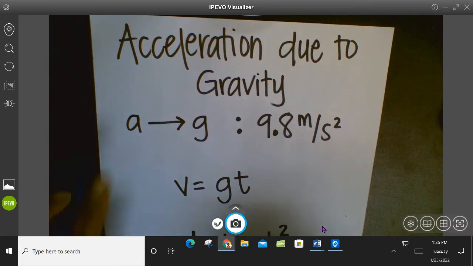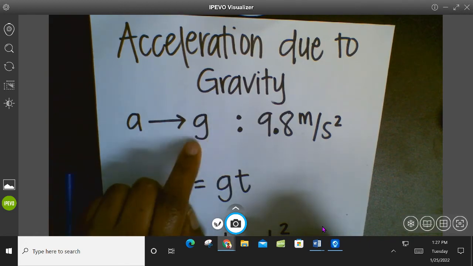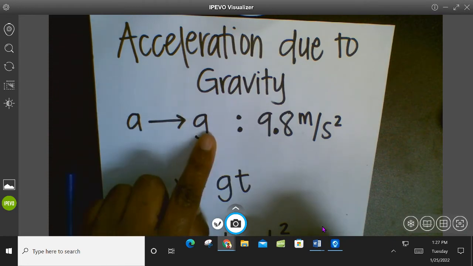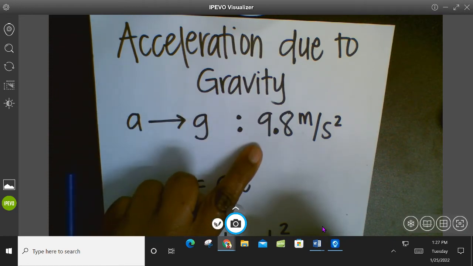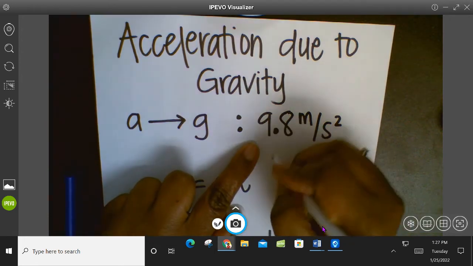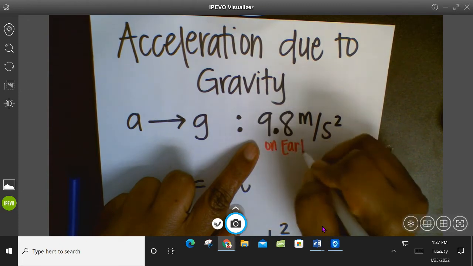Okay, this new unit. So typically we use a for acceleration, but whenever we're talking about it due to the force of gravity, instead of saying a, we use g. And this number here is the acceleration due to gravity on Earth. So this is the value on Earth.